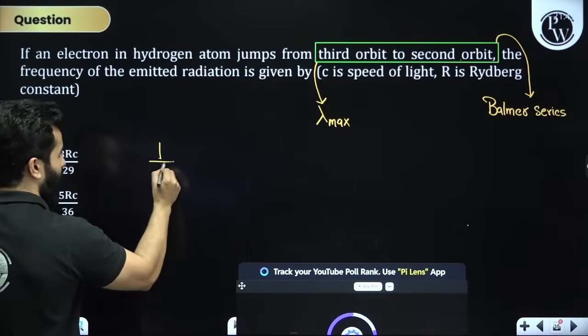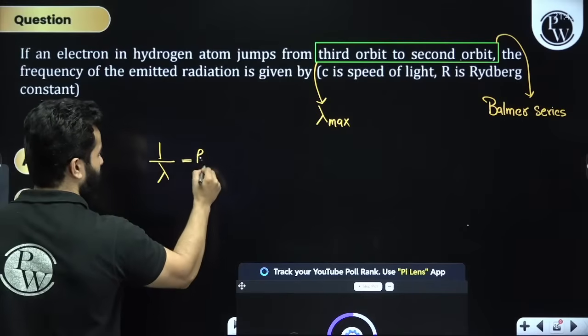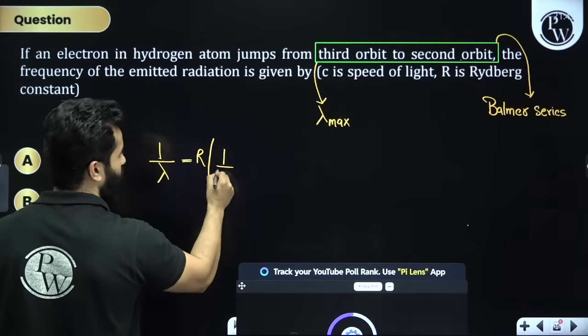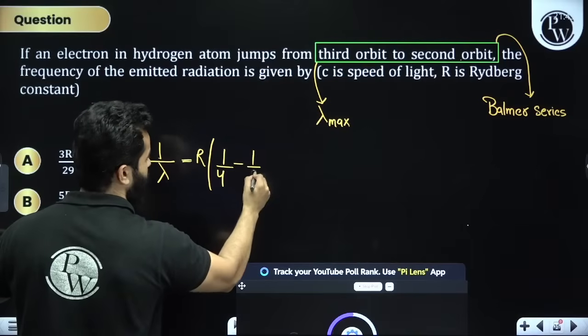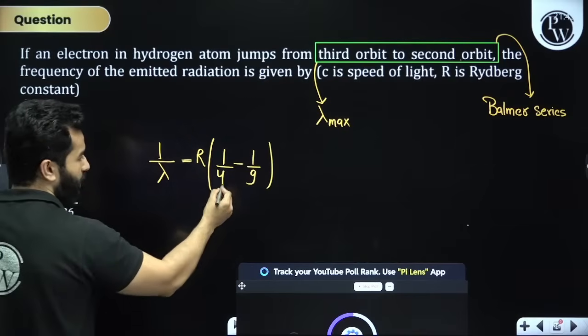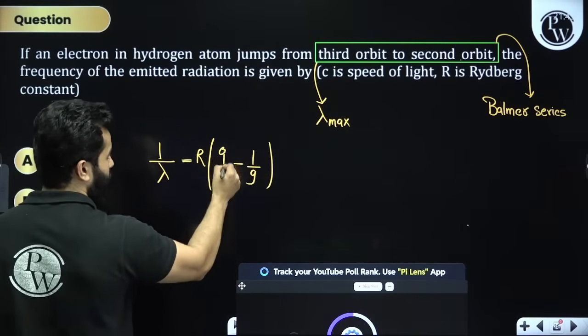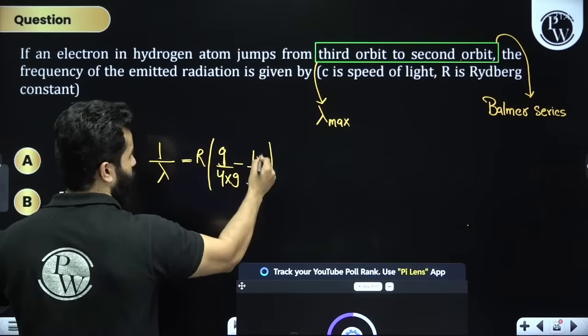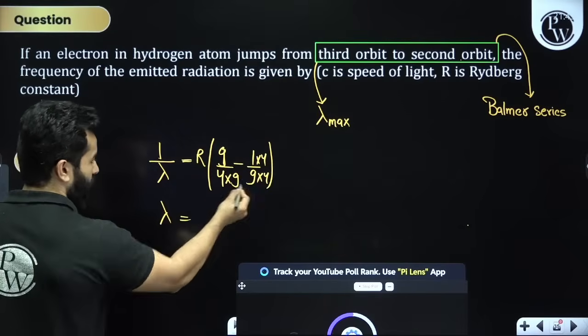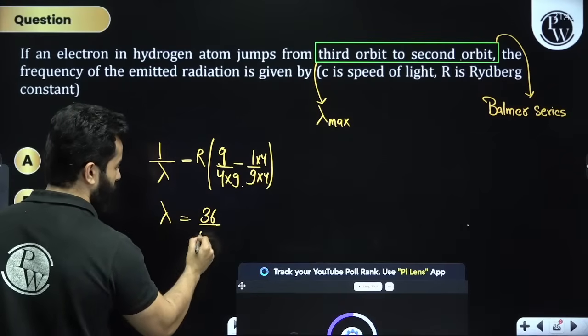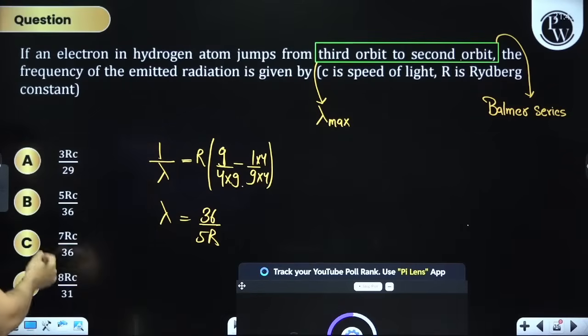So 1 upon lambda will be equal to R times (1/4 minus 1/9), final is 2 squared, that is 4, initial is 3 squared, that is 9. So lambda will be 36 divided by 5R. Now they are also talking about frequency.